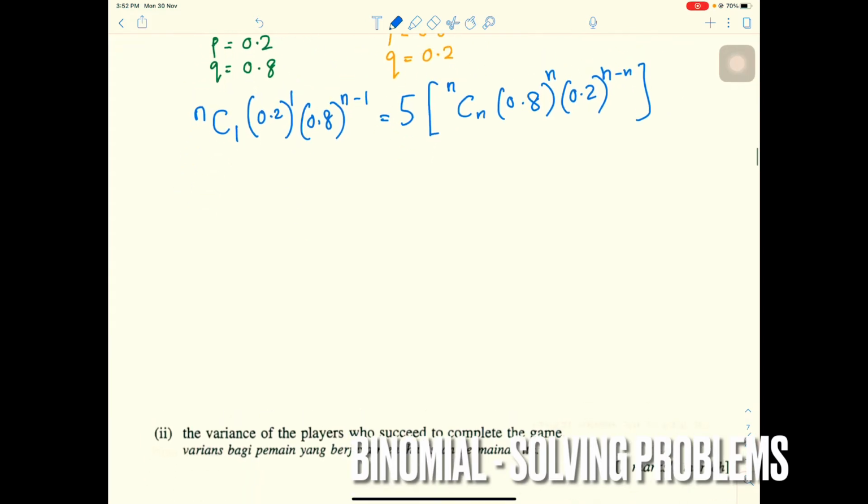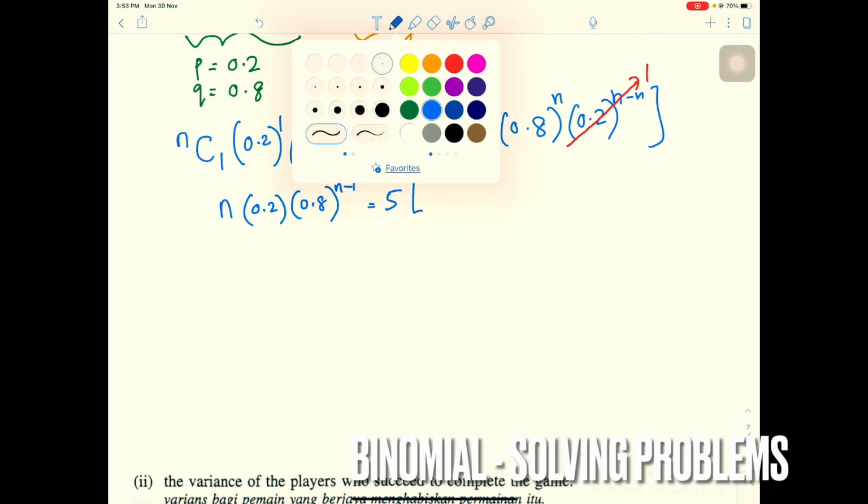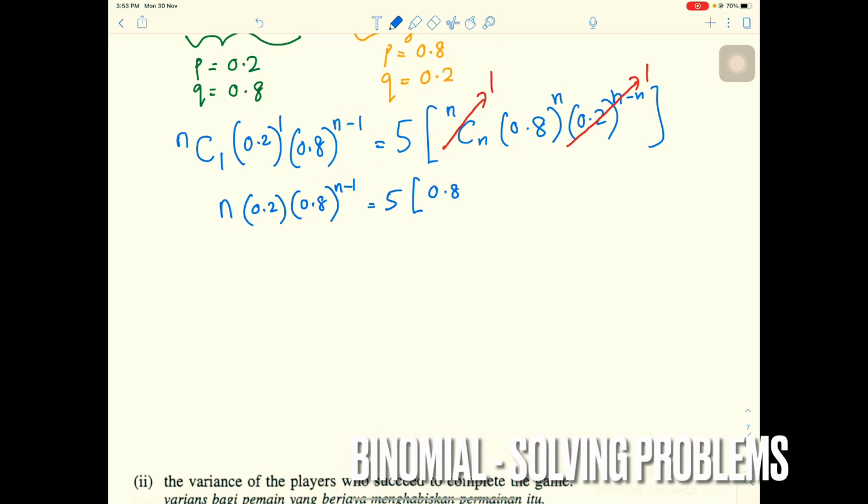And then simplify, so nC1 equals n, times 0.2 times 0.8 power of n minus 1 equals 5 times nCn, which equals 1, and 0.2 power of 0 equals 1. Therefore 5 times 0.8 power of n times 1 times 1.